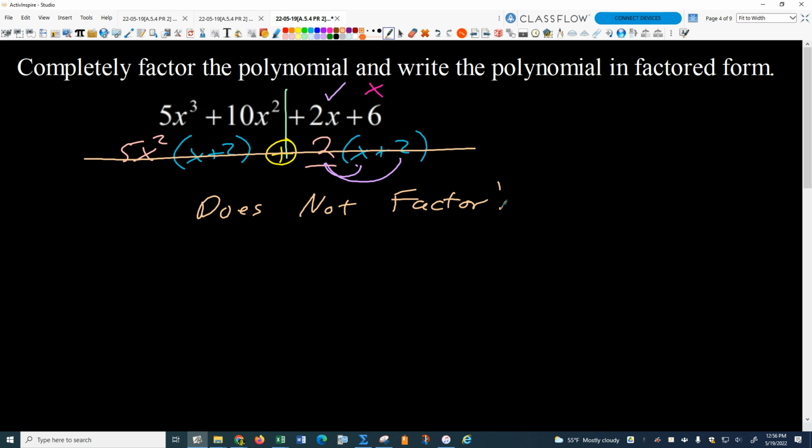How could we have predicted that without having to do all that work, though? Could you just look at the original 4-term polynomial, and just by scanning that, could you tell me, no, that's not going to work? How? You can. Anybody see the trick? Say it again.